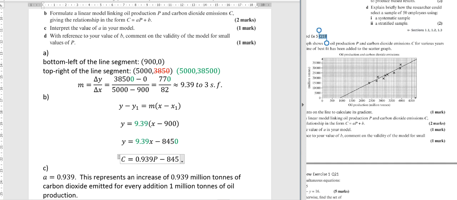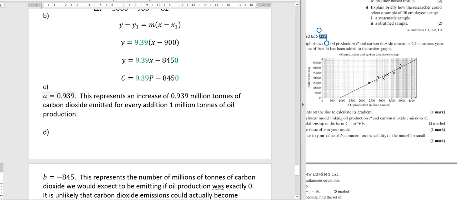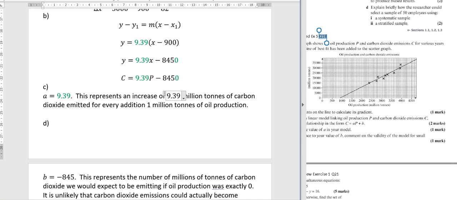When we get to the end, 9.39 minus 8,450 should now be a valid result. And of course, we're going to need to change a little bit what we're saying in here. So 9.39 for A means an increase of about 9.39 million tons of carbon dioxide for every additional 1 million tons of oil production.